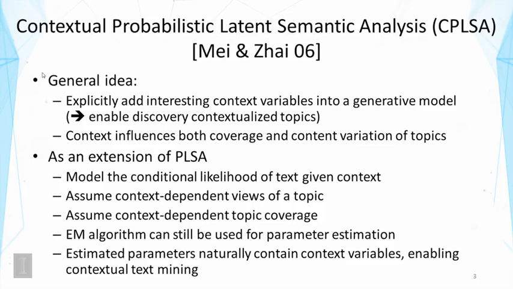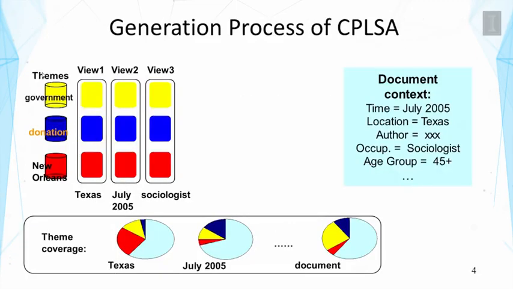And in this case, the estimated parameters would naturally contain context variables, and in particular, a lot of conditional probabilities of topics given certain context. And this would allow us to do contextual text mining. So this is the basic idea. Now, we don't have time to introduce this model in detail, but there are references here that you can look into to know more detail. Here I just want to explain the high-level ideas.